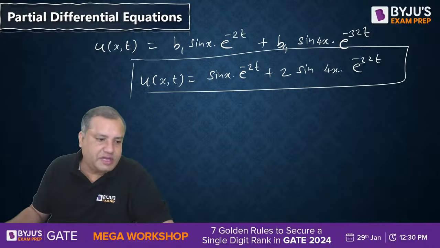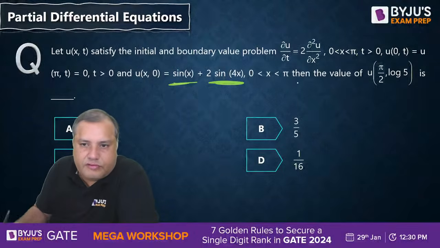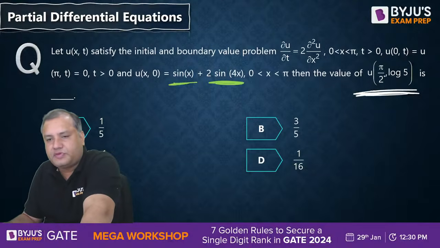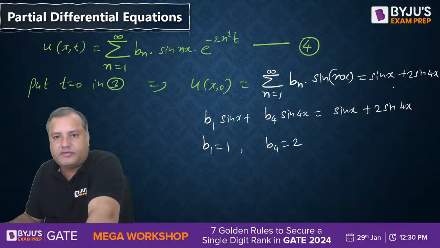Now you want something. What is that something? We want u of pi by 2 comma log 5. It means x is pi by 2 and t is log 5.